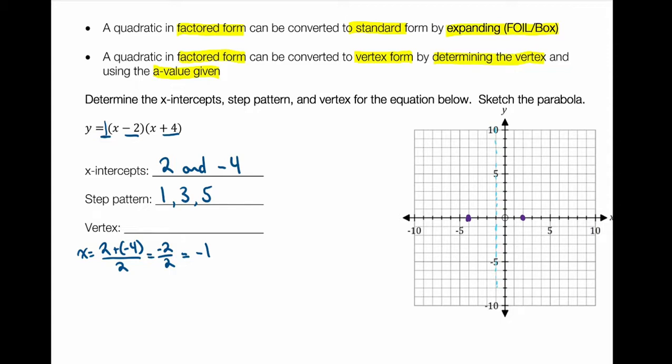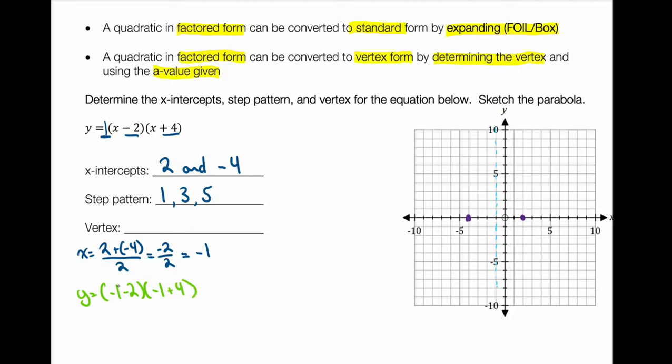To find the y value of the vertex, I'm going to use my equation, and instead of x, I'm going to write in the value that I found, -1, and I'm just going to solve.